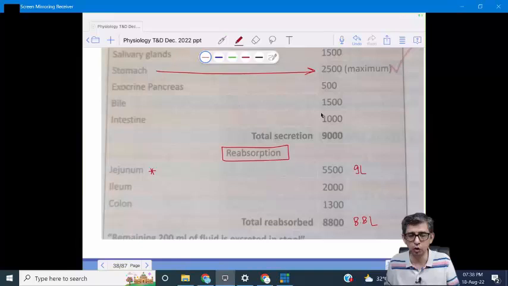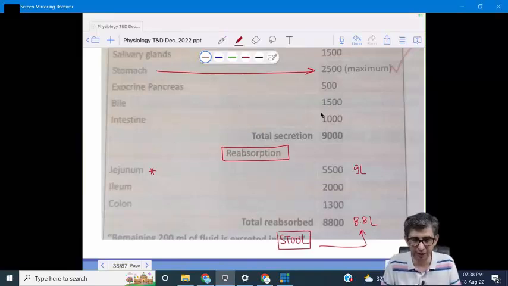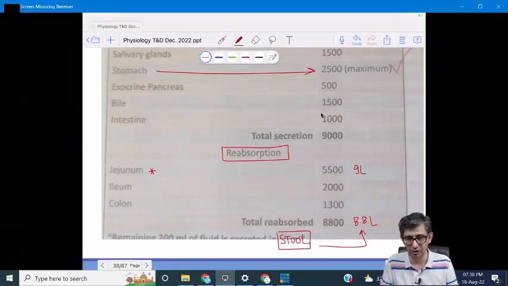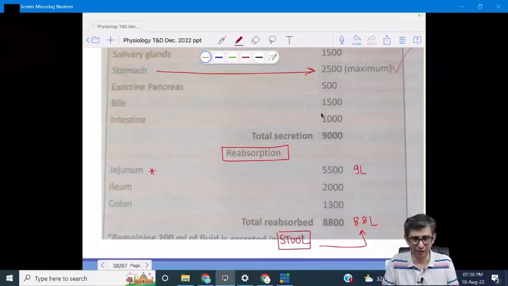That 200 ml difference would be insensible losses in the stool, but maximum reabsorption of water occurs in the jejunum of the patient, not the colon. Jejunum, which is the maximum site of reabsorption.